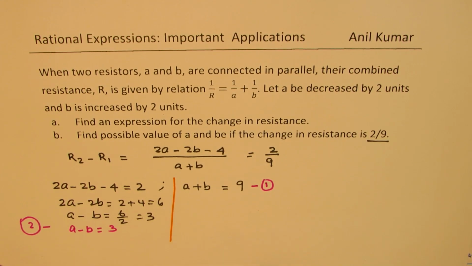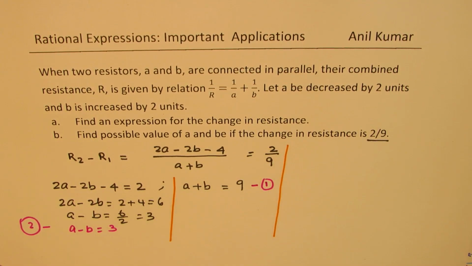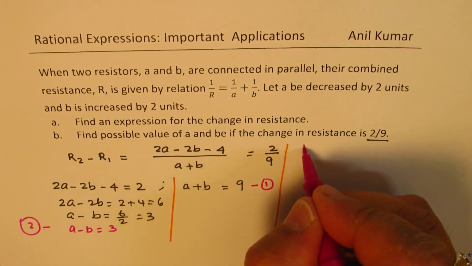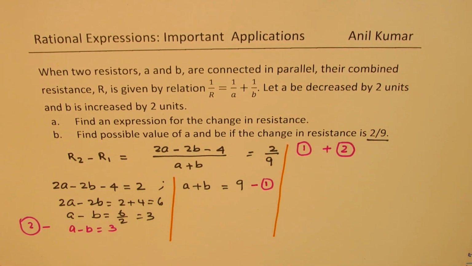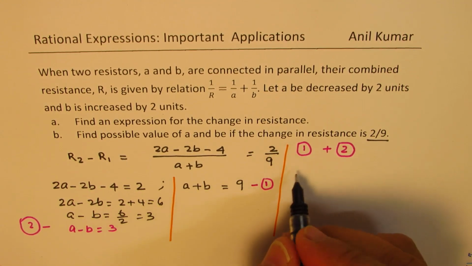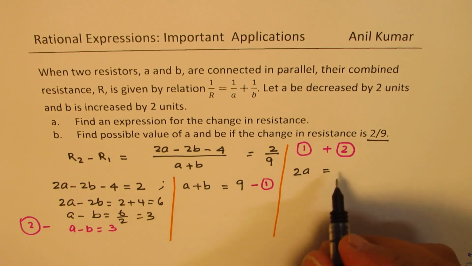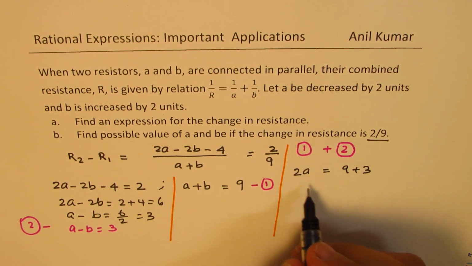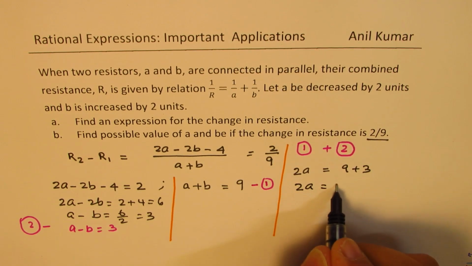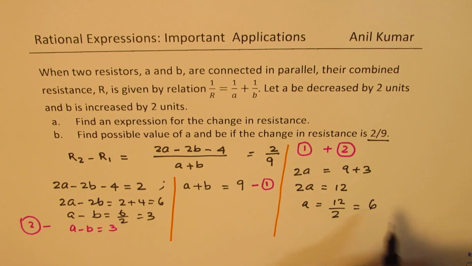Now using these two equations, we can solve for both a and b. If I add equation 1 to equation 2, what do we get? a plus a is 2a, b minus b is 0, and we get 9 plus 3. So we get 2a equals 12, a equals 12 over 2, and the value is 6.